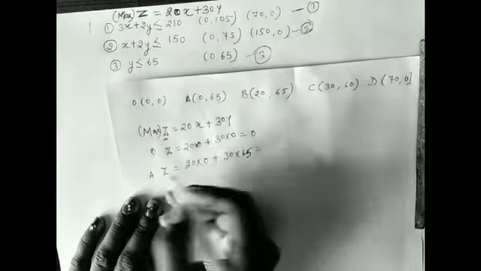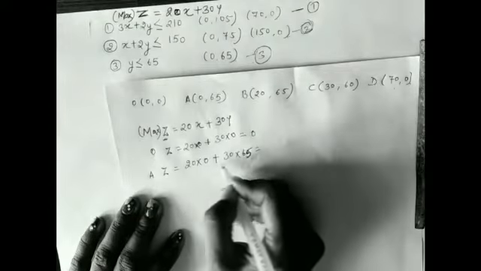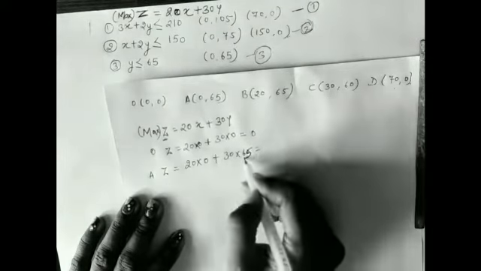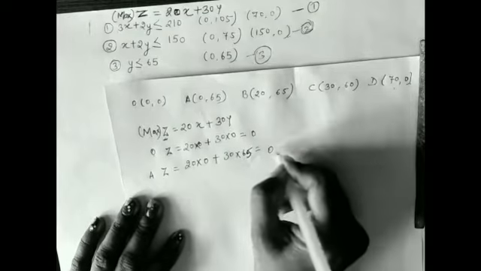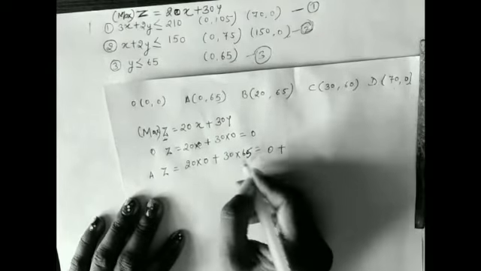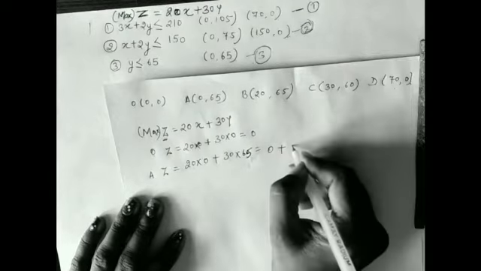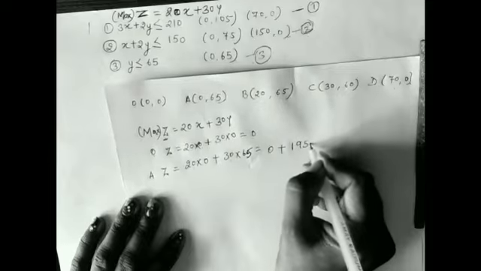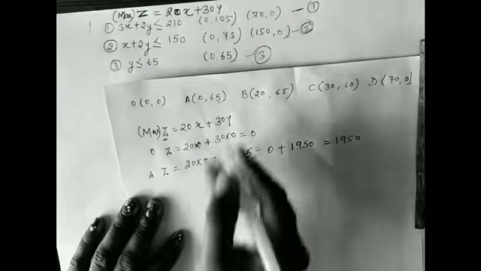Now checking for point A, z equals 20 into, here x is 0, plus 30 into, here y is 65. Now 20 into 0 is equal to 0, plus 30 into 65 is 1950, so 1950 is the profit.